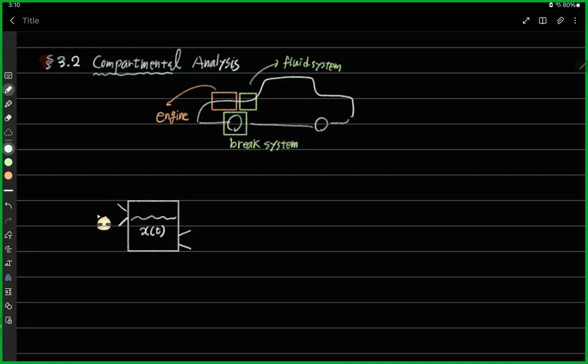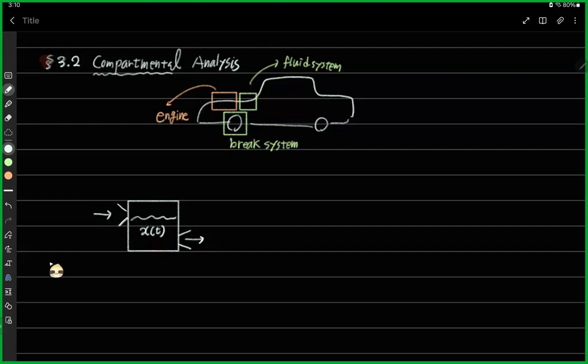Since the liquid comes in and the liquid comes out, the amount of substance will change at time t, right? So we want to figure out the mass of that substance, x of t.